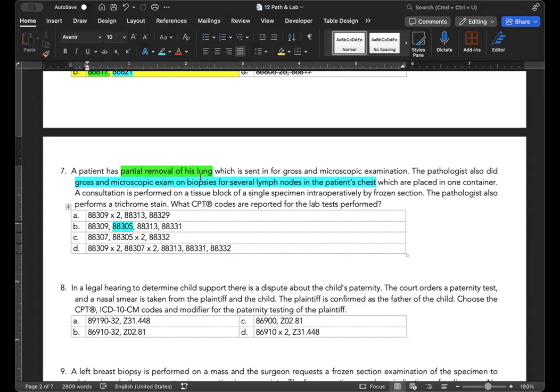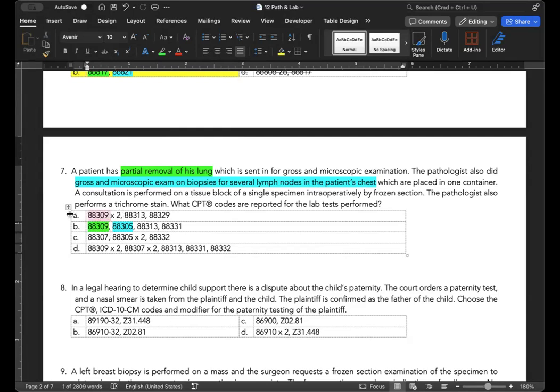But the lung is in 88305, but it's for a transbronchial biopsy. 88307, it's for a wedge biopsy, but we're not doing biopsies, right? We're doing partial removal, which is going to be total lobe or a segment resection. So we need the 88309 for the lung. Does that part make sense?